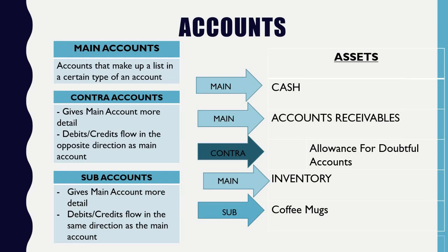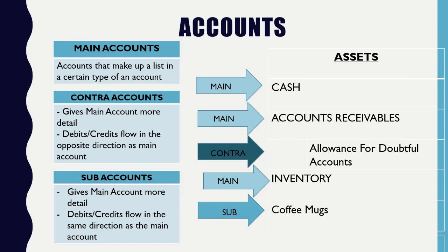We have a main account, which gives more meaningful information to your account type, or it belongs in the account type. And what it does is it gives a little more meaningful direction when it comes to creating a main account.